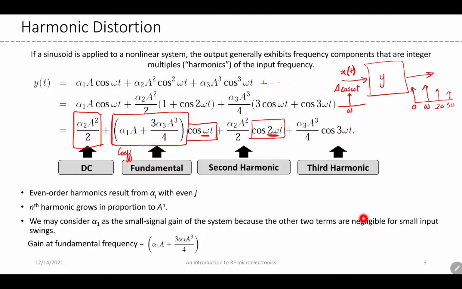Now to simplify things, we just take it up to the third order, and as you can see, you have this term. This term is the coefficient for the second harmonic, and this term is the coefficient for the third harmonic, 3 times the frequency. So this is a non-linear system.